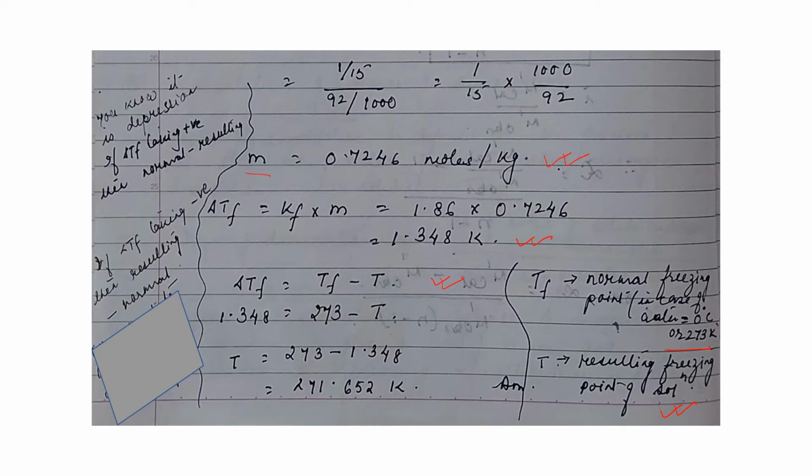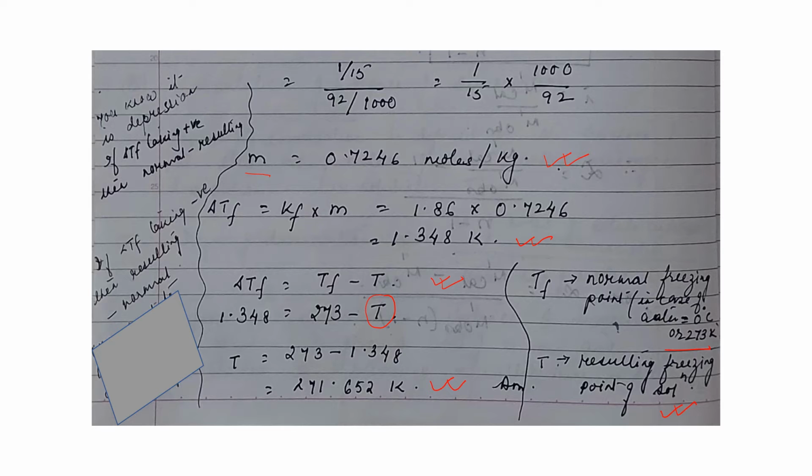So you have to find out the value of T. Put the value, and we are getting T is equal to 271.652 Kelvin. So the freezing point of the solution is 271.652 Kelvin.